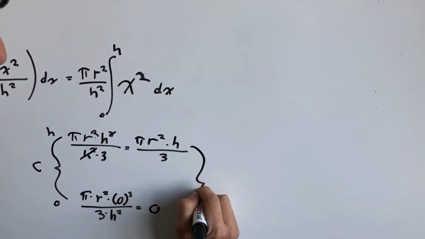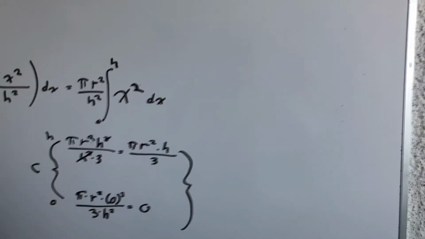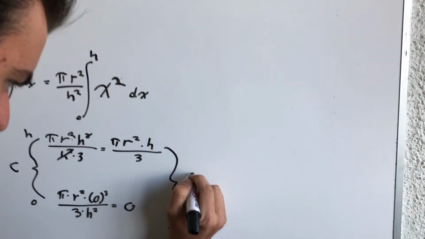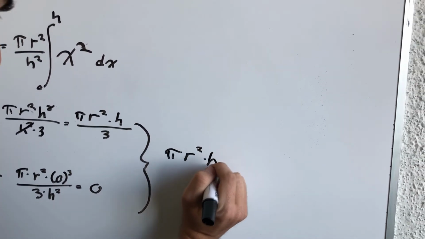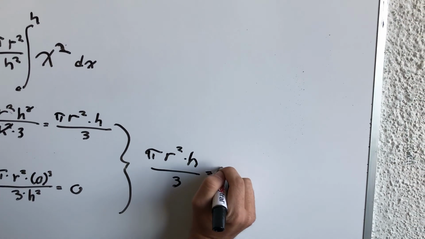Then we subtract these values, so as the second one is 0, the result is the upper value, which is pi times r squared times the height divided by 3, and that is the volume.